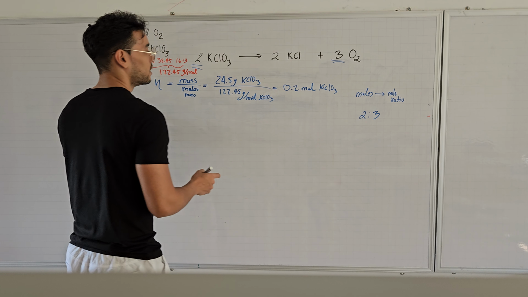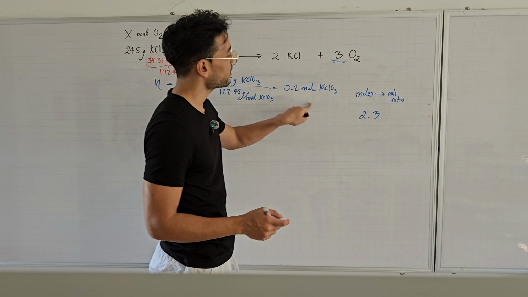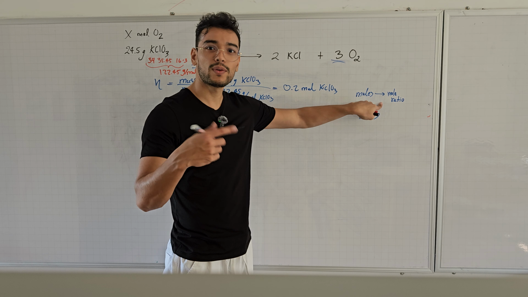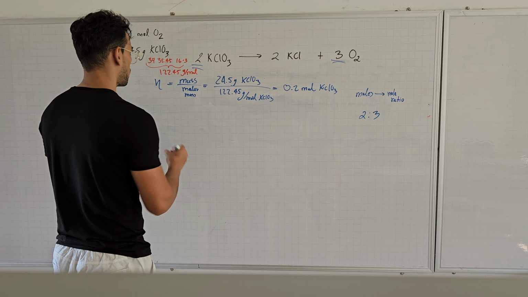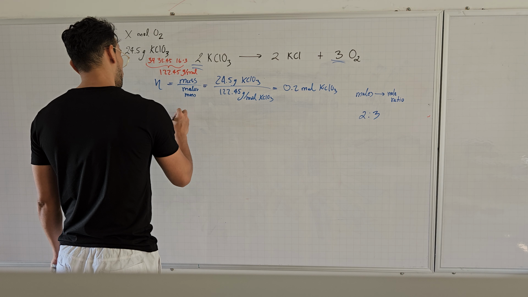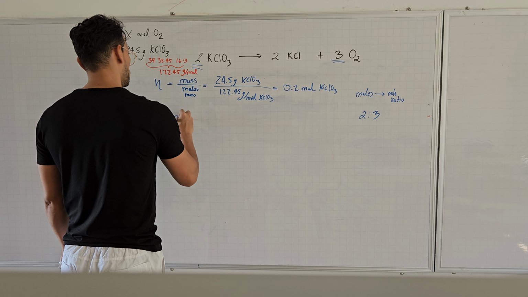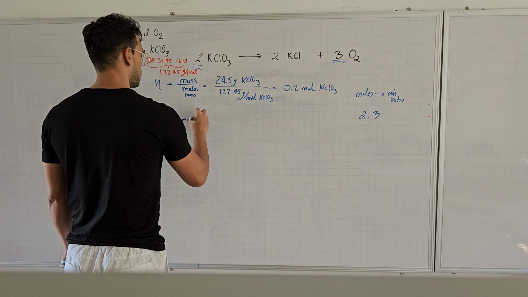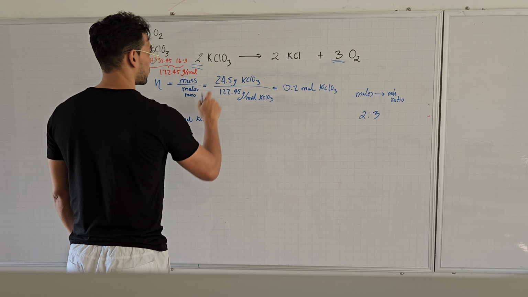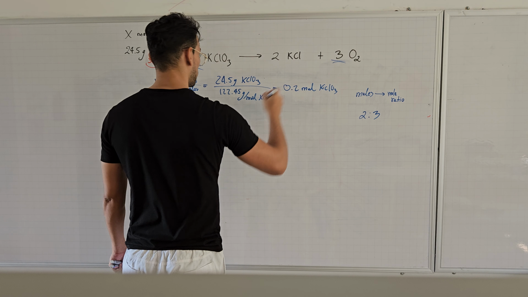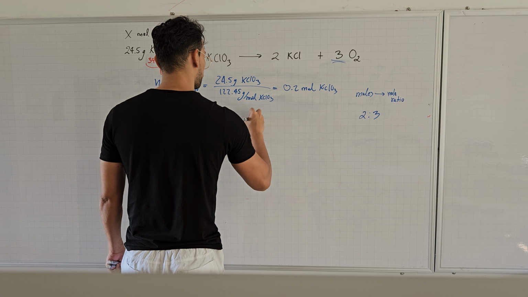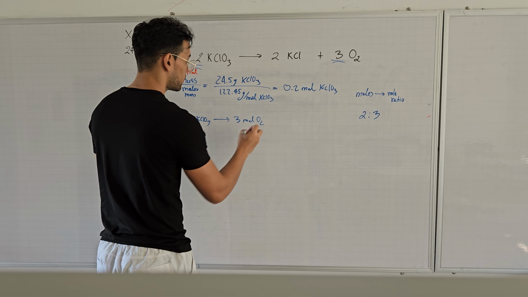Now that I have the number of moles of potassium chloride, I will relate it with the mole ratio. So we can use formulas again. If I have 2 moles of potassium chloride, and those moles of potassium chloride produce 3 moles of oxygen, rule of thirds.